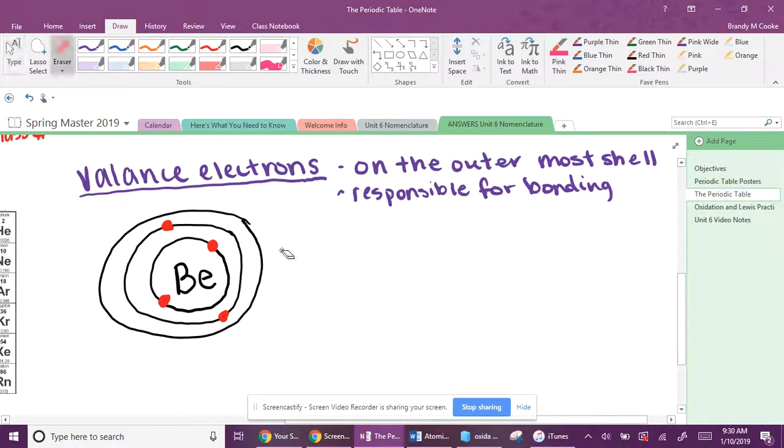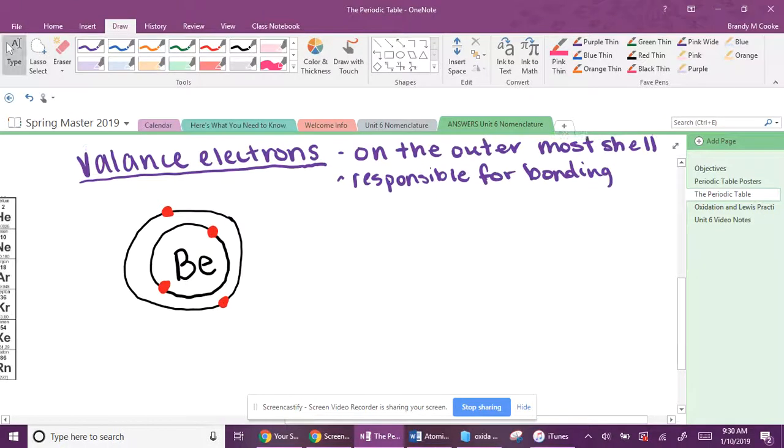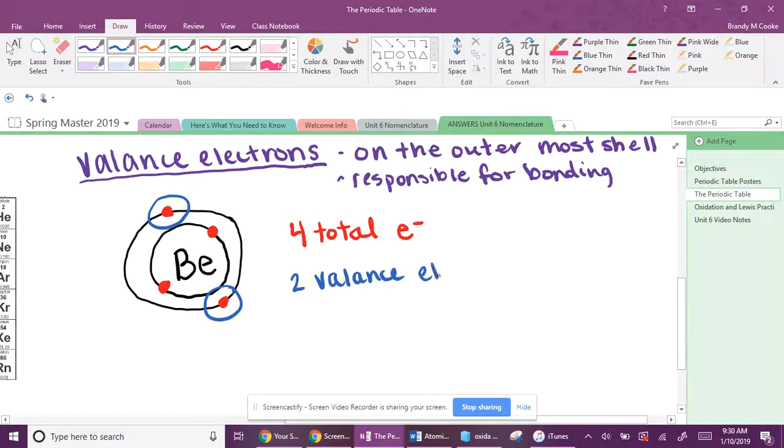So I didn't need this shell here. So now if I'm looking at valence electrons, I know that there's 4 total electrons, but in terms of the valence ones, the ones in the outermost shell, there's 2 on there. So 2 valence electrons.